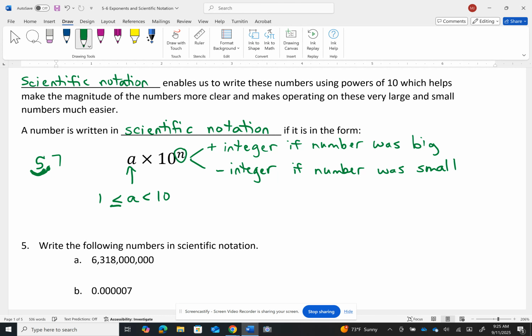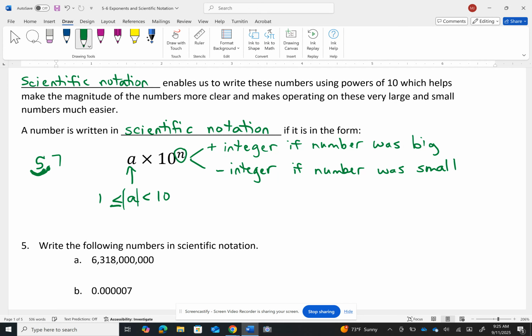Now the thing is, a number could be negative, so it rarely is, but it could be. So I'm going to put absolute value on that. So the number part, the size of it, needs to be between 1 and 10. Okay?